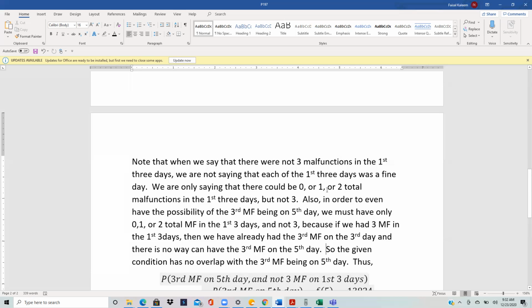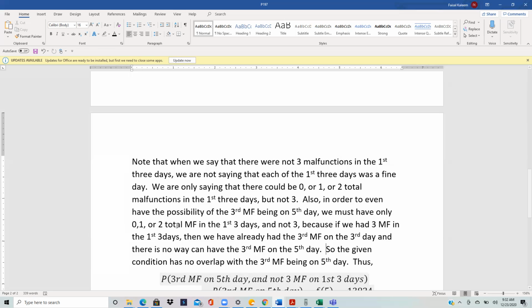And that has to be the case because if there were 3 in the first 3 days, then the third malfunction has already taken place on the third day, and there's no way we would have the third malfunction on the fifth day. So this condition, that there are 0, 1, or 2 malfunctions in the first 3 days, is an obvious condition without which the question doesn't even make any sense.